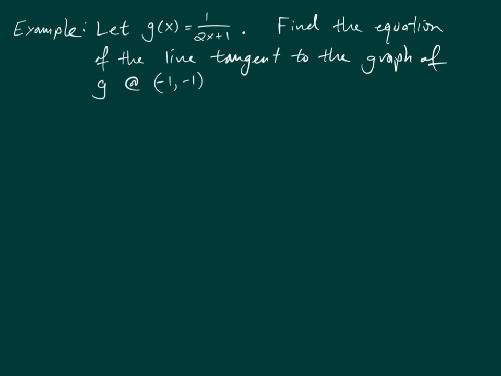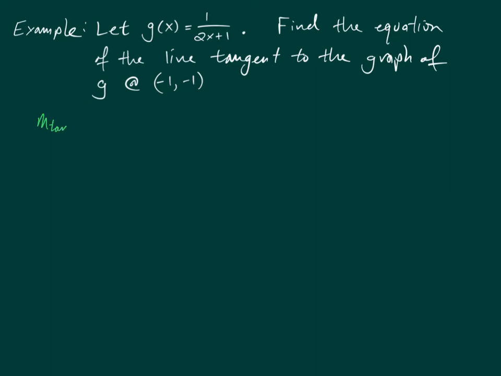Example, let g of x equal 1 over 2x plus 1. Our goal is to find the equation of the tangent line to the graph of g at -1, -1. And since we're trying to find a tangent line, and lines require a slope and a y-intercept, I think the first thing we should do here is find the slope of the tangent line.